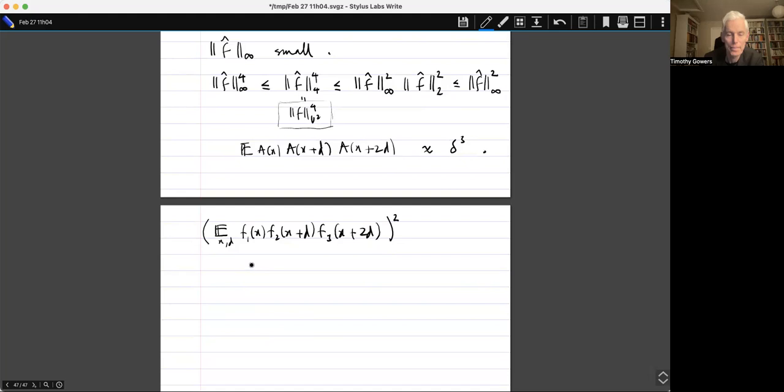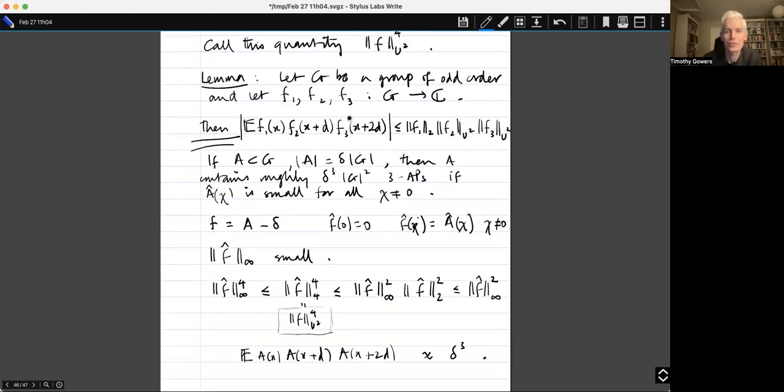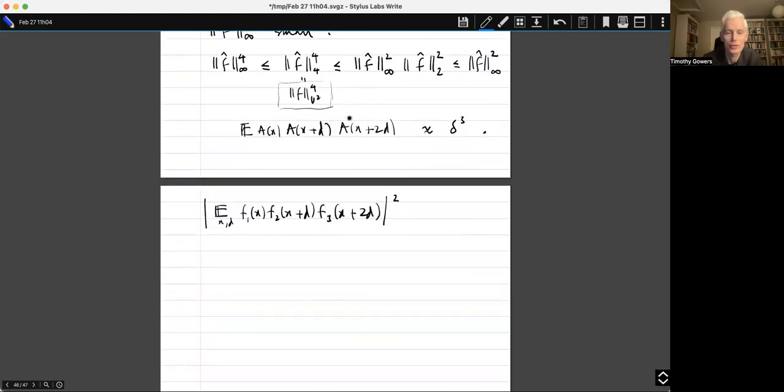I might just stick a modulus around, because even though f is going to be real in the case that we apply it, I did say that I had some functions that go to the complex numbers, so I'll stick a mod squared sign around it.